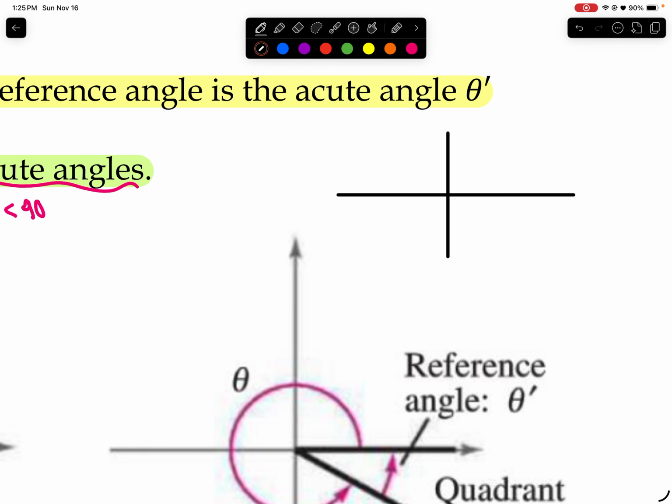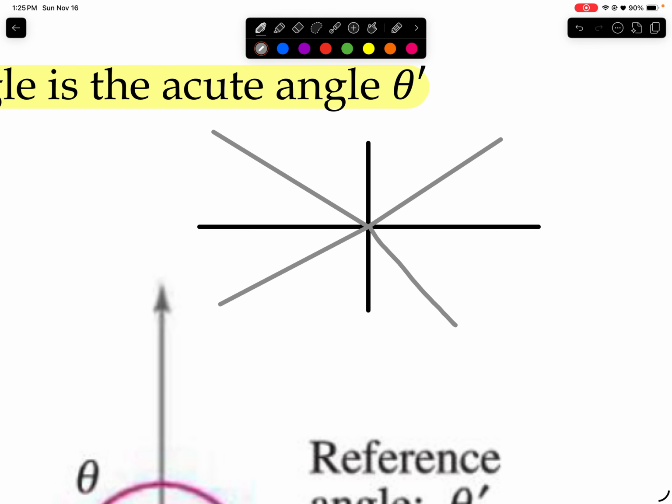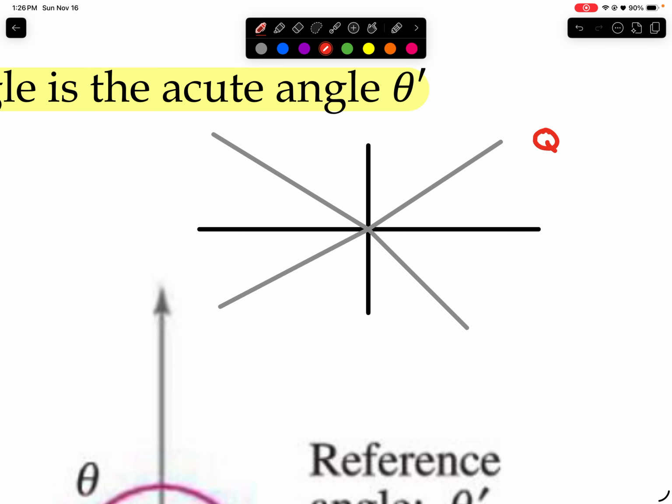So I'm going to do a little graphic here. So I'm going to show you an angle, say, in quadrant 1, angle in quadrant 2. These are just random angles. These are going to be drawn like this on purpose. And then let's do quadrant 4. Let's distort it just a little bit. All right, so quadrant 1, we have quadrant 2, quadrant 3, and quadrant 4.